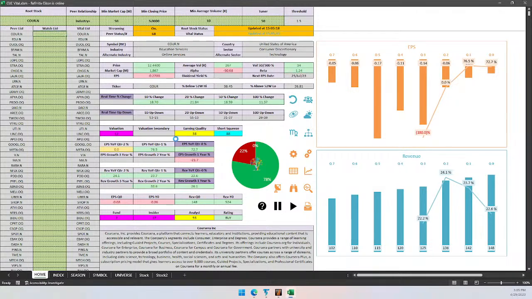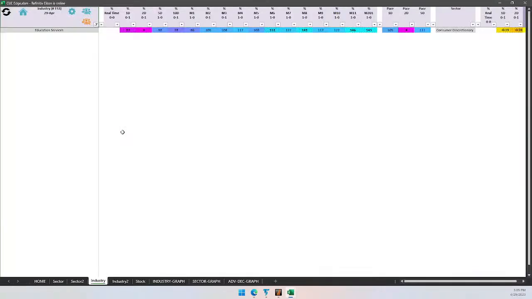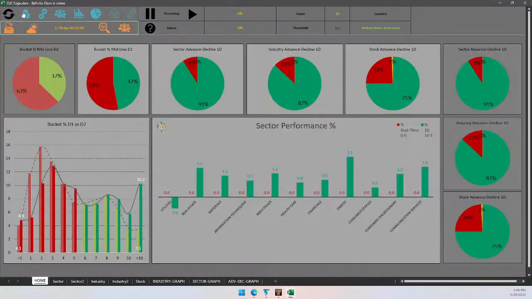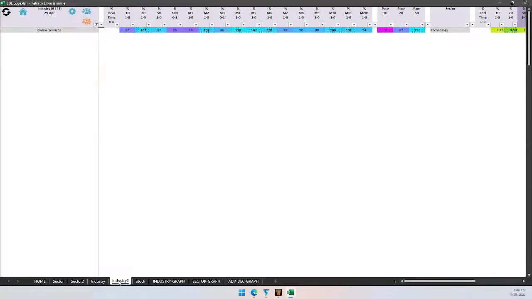If I check the industry scorecard with another click, interesting. Okay, the industry strength is not so nice. Yes, it is the USA scorecard, 29th April. Okay, so I didn't check the industry strength earlier.